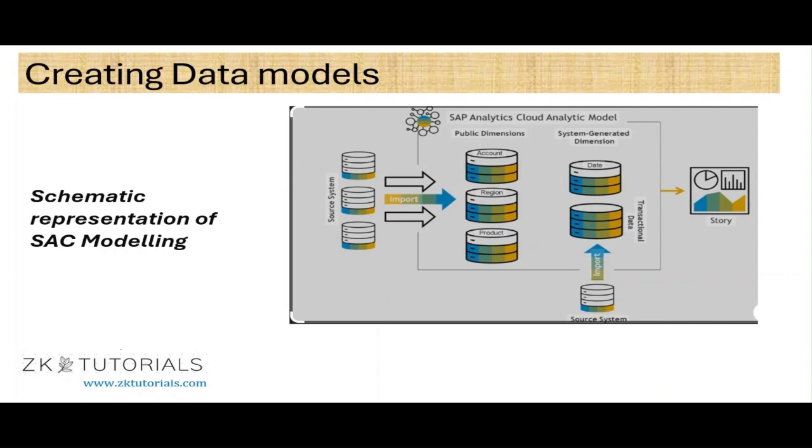We'll talk in detail about what is a dimension, what are public dimensions, and what are system generated dimensions. We have different types of dimensions and we create a model using these dimensions. And on top of the model, a story is created, which is a data visualization in the form of charts or tables to represent your data to the users.